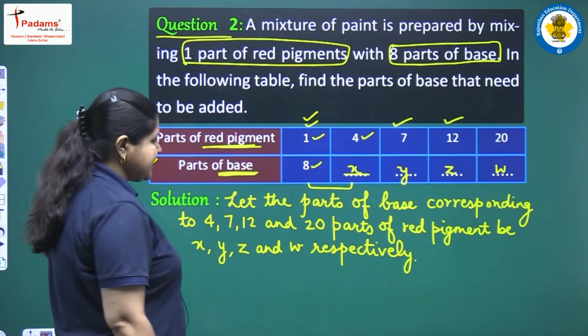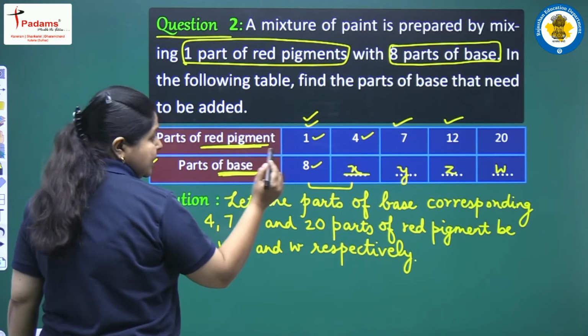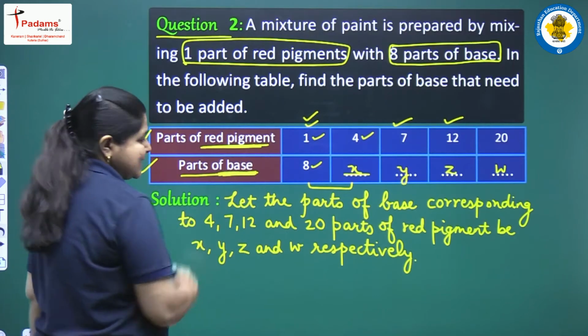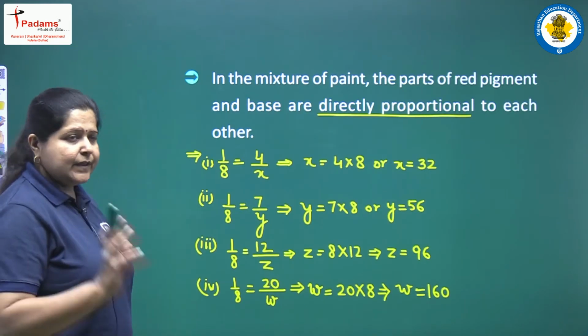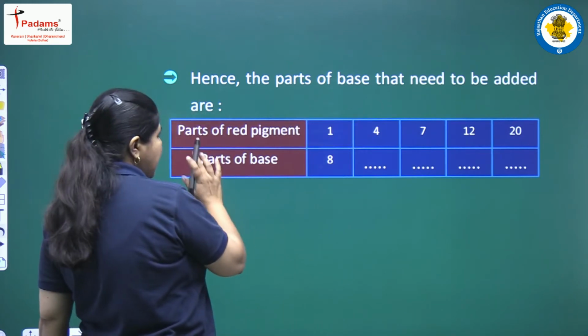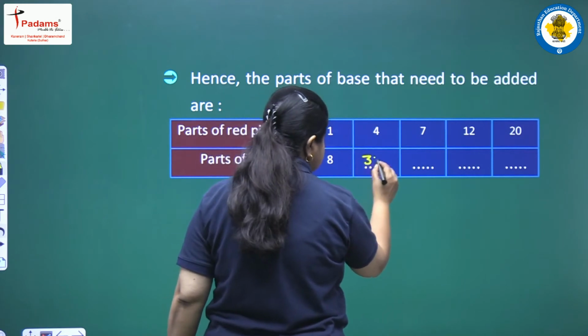So what we see, for 20 parts of red pigment we need how many parts? 160 parts of base. The question is clear. Now we need to write the answer fairly. We take it here. Hence the parts of base that need to be added are, for 4 parts of red pigment we need 32 parts of base.